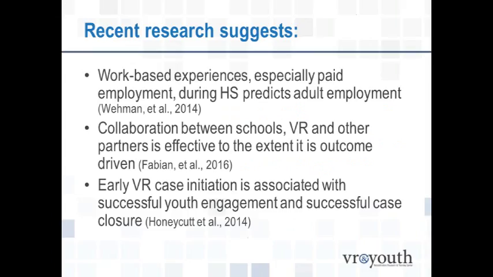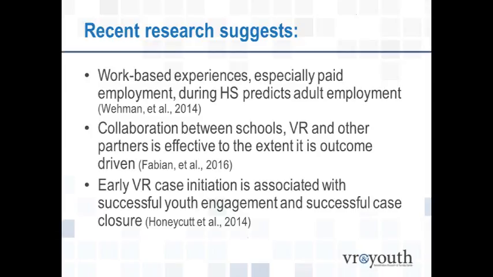We designed a model which was based on the existing research at the time we implemented it, which was in 2007 when we started this project, and has been strengthened by research since that time.